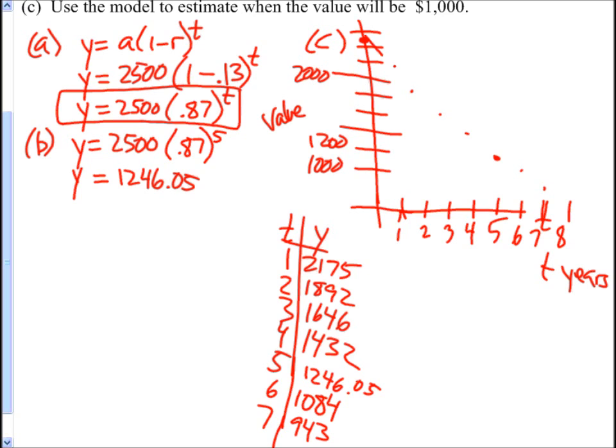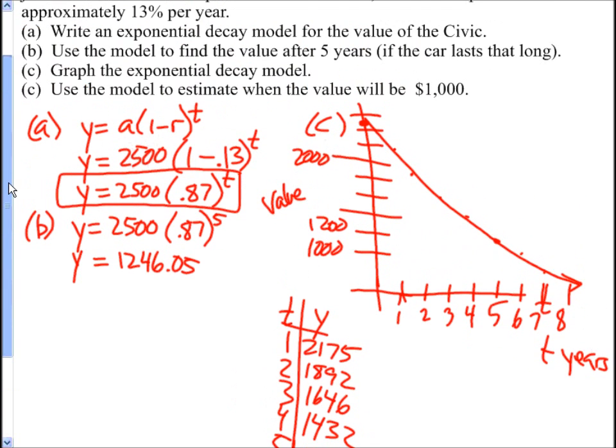Anyways, you can kind of see this little curvature, and it's decaying, isn't it? Right? From that initial 2,500 bucks. So can you see that somewhere between 6 and 7 years is where you actually get part D on this? Yeah, that should be part D. Use the model to estimate when the value will be $1,000.